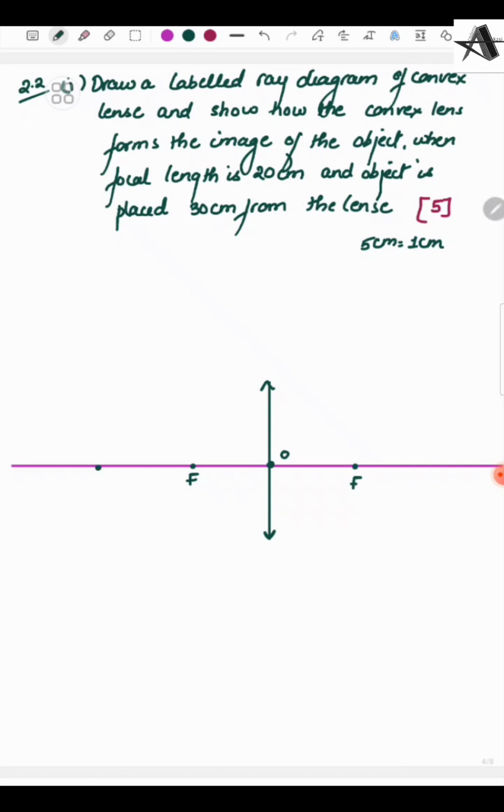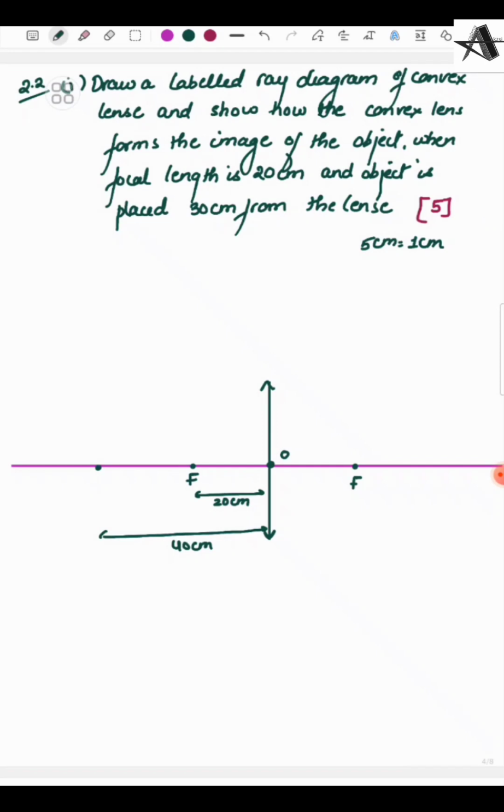2f is at twice the distance, because if this distance is 20 centimeters, though in our copy it is 4 centimeters, you have to label it as 20 centimeters. So this is going to be double of it, that is 40 centimeters, but while drawing it's going to be 8 centimeters. This is the scaling, so that I don't get confused.